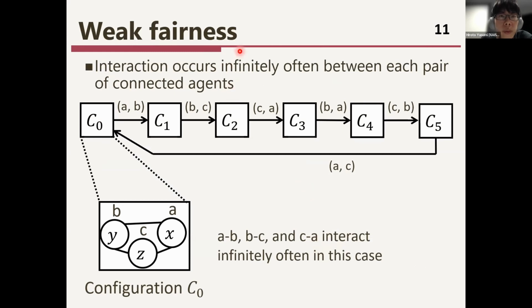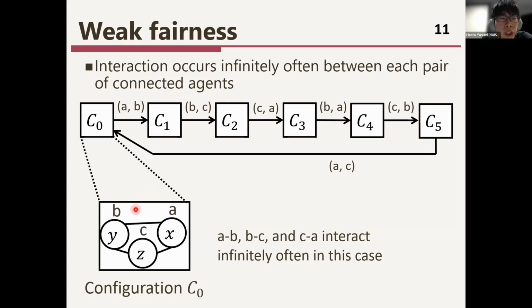Now I'll explain fairness. First I'll explain weak fairness. Weak fairness guarantees that interaction occurs infinitely often between each pair of connected agents. So this is an execution example under weak fairness. This one square represents a configuration. For example, this C0 represents a configuration like this.